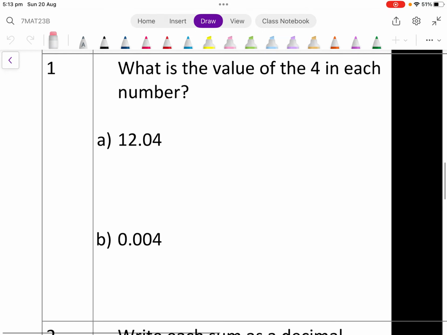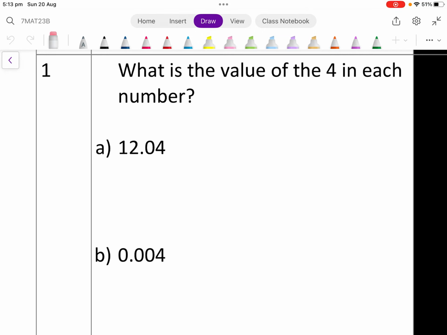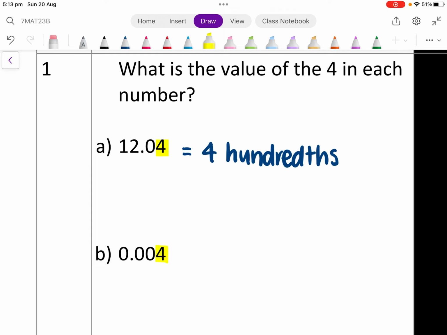Our first number is 12.04. This 4 is the second number after the decimal point, so it is 4 hundredths. In part B, the 4 occurs 3 places after the decimal point, so it stands for 4 thousandths.